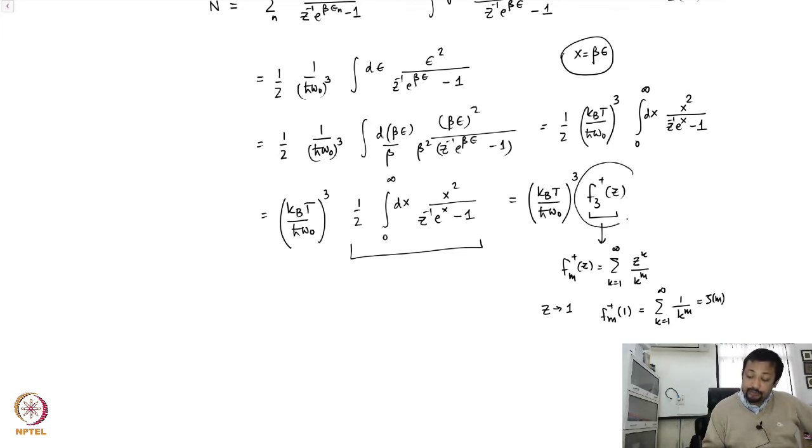So this value of this function now goes and hits the upper bound, which is zeta of 3.